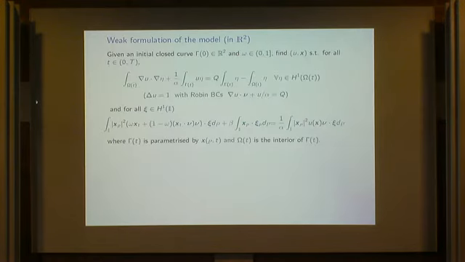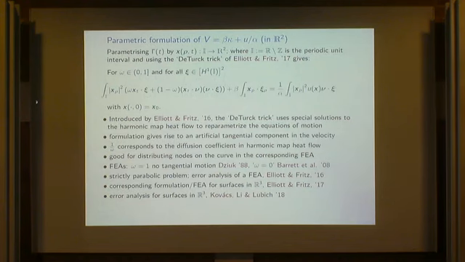Vanessa: Yes, sorry, can you explain a little bit about the DeTurck trick? I won't do it now because time is short. But you make an exchange of variables. Yes, exactly, you reparameterize in terms of the harmonic map heat flow, and then you split the velocity into normal and tangential components, and by the time you've rearranged things, this comes out.